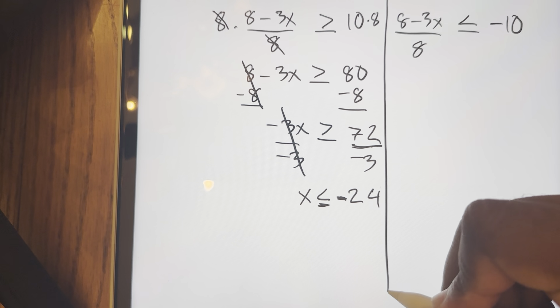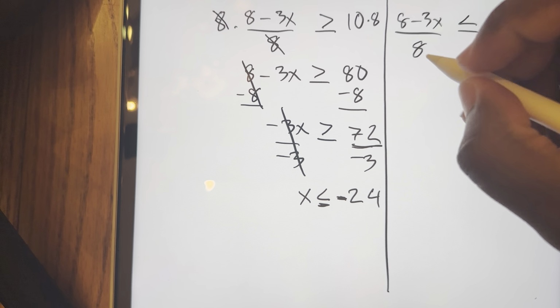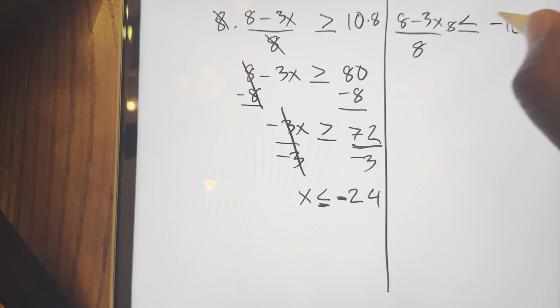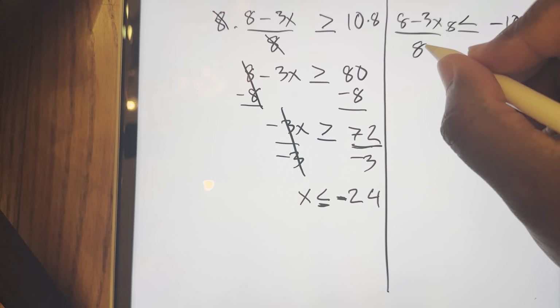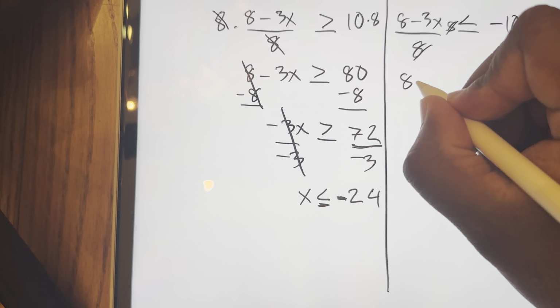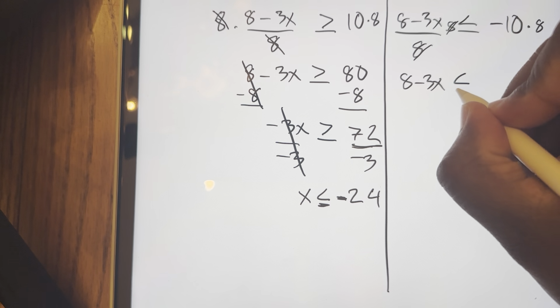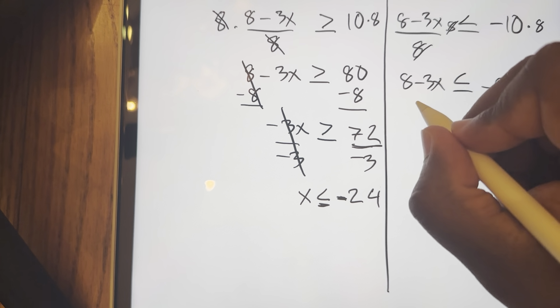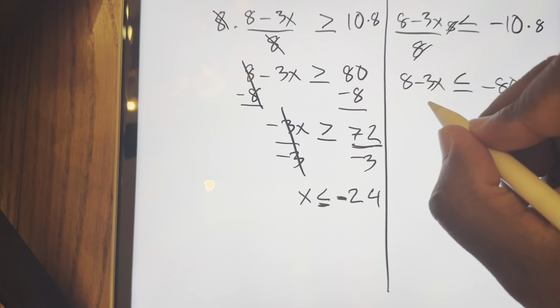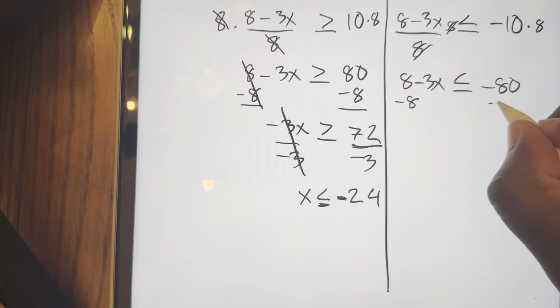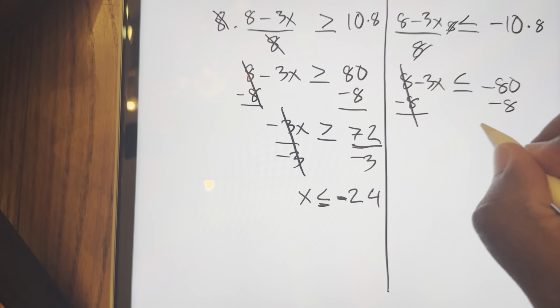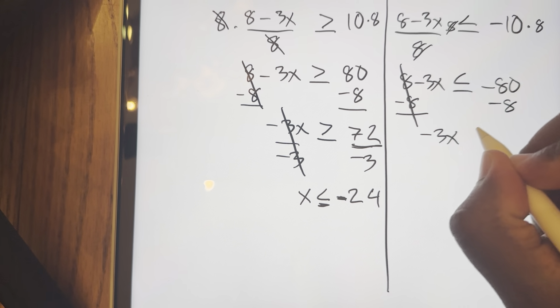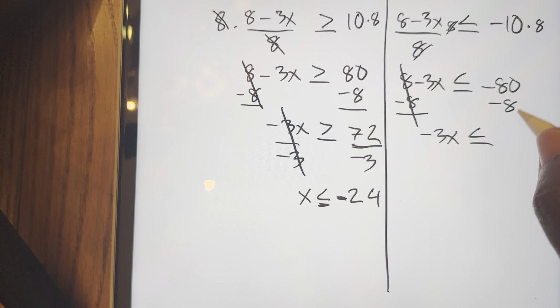Okay, let's see the other side. Multiply both sides by 8. Cancels out. 8 minus 3x is less than or equal to negative 80. Subtract 8, subtract 8. Cancels out. This becomes, what's that, negative 88.